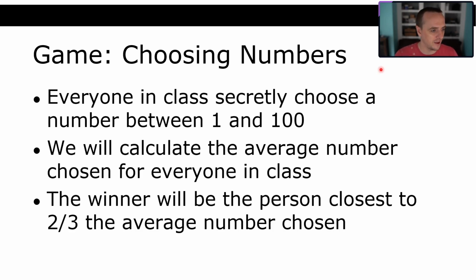So, for example, if the average of everything chosen in the class was 60, 2/3 of 60 is 40, and so the person who wins will be the person who chose closest to 40. Similarly, if the average is 30, then the winner will be the person who chose closest to 20.